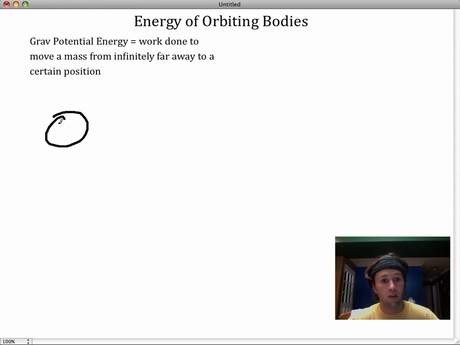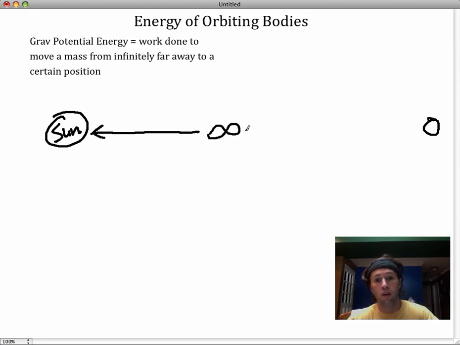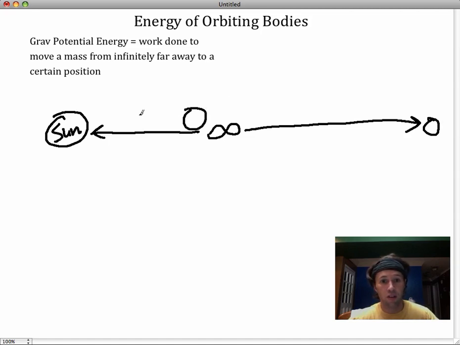Let's say you've got your sun here, and if you have something that is infinitely far away, it has 0 gravitational potential energy. But then if you move it in to a distance r, it takes a certain amount of work to move that in.